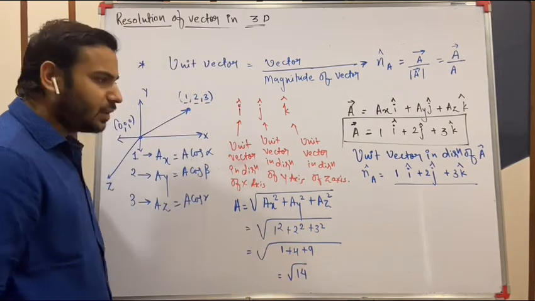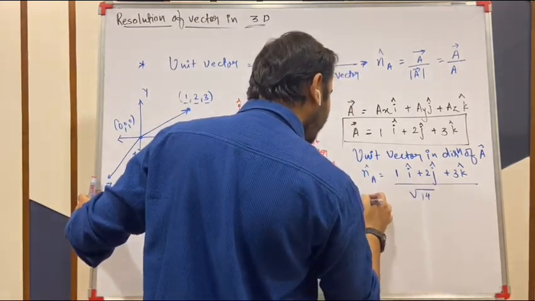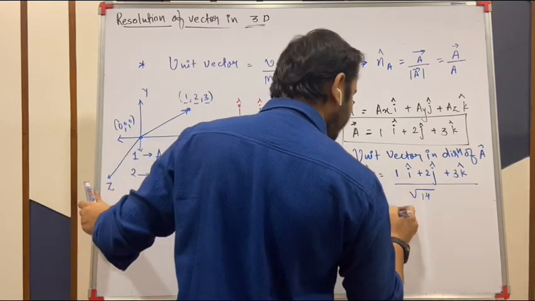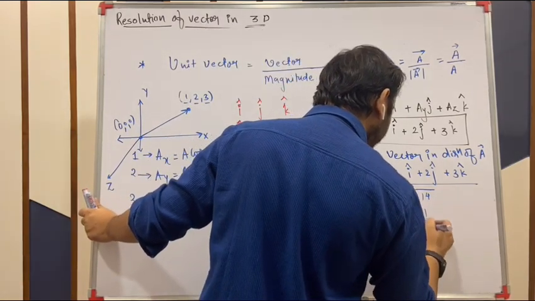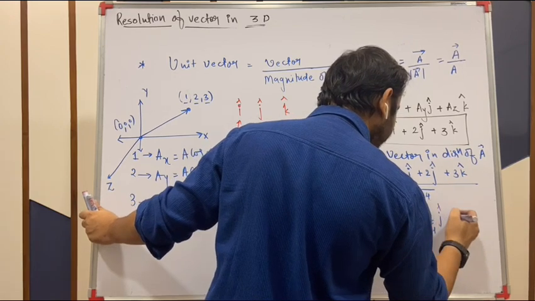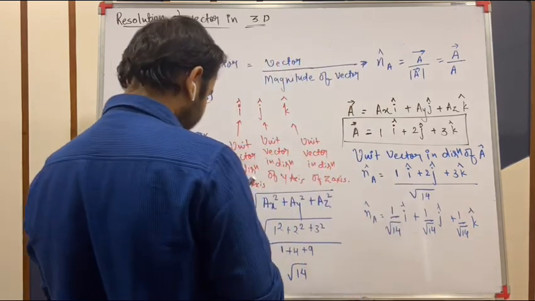Keep it as root 14. So nA cap is 1 upon root 14 i cap, 2 upon root 14 j cap, and 3 upon root 14 k cap.